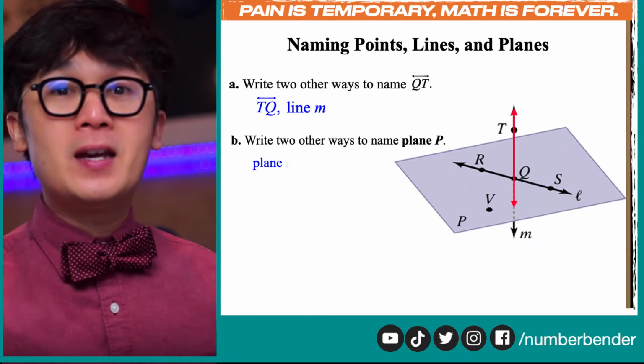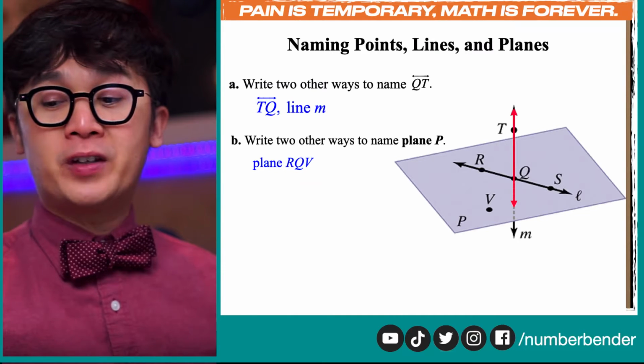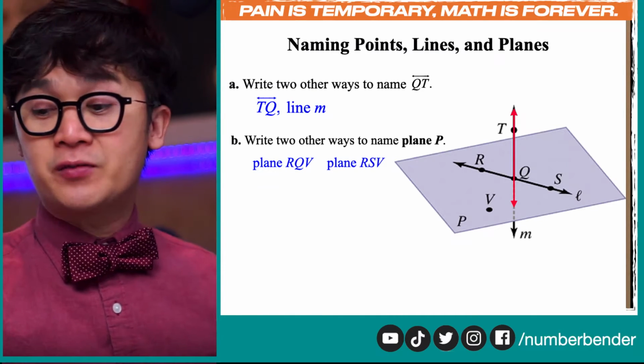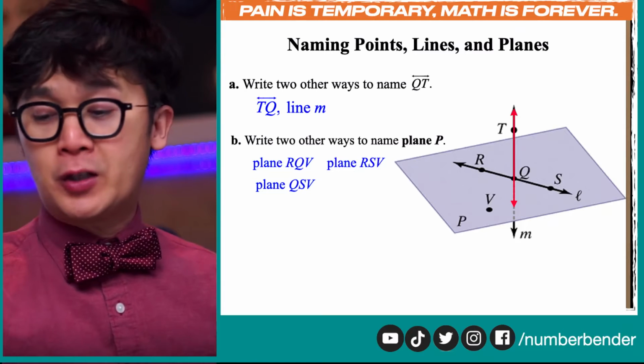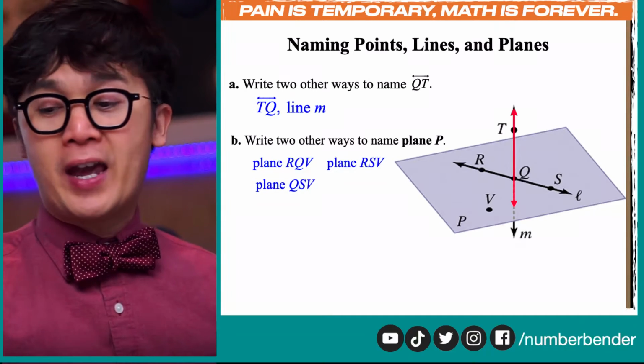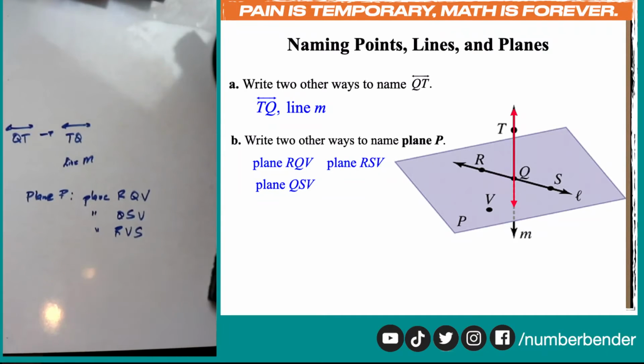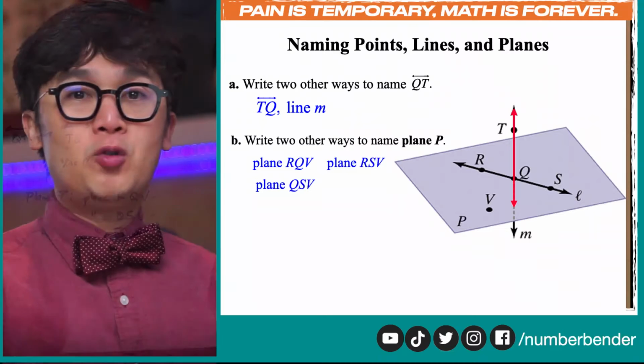So for plane P, we can have plane RQV, we can have plane RSV, and we can have plane QSV. At mapapansin nyo, tama yung mga nakuha nating mga planes dito sa ating pagsulat mula sa figure na ito.